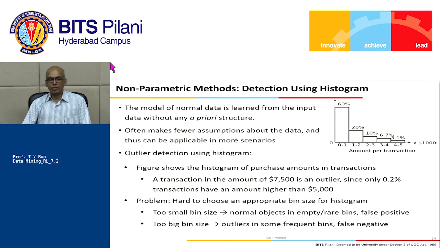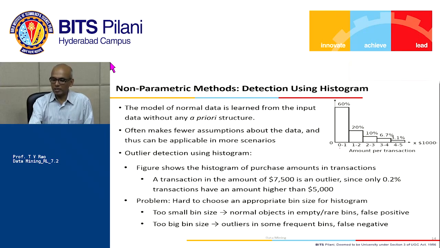We may also use non-parametric methods for detecting outliers. One can be a histogram. We have data of the amount of transactions in, let's say, a retail store, and they see that 60% of the transactions fall in this range and 20% in this range, and let's say it is in the form of a multiple of $1,000.